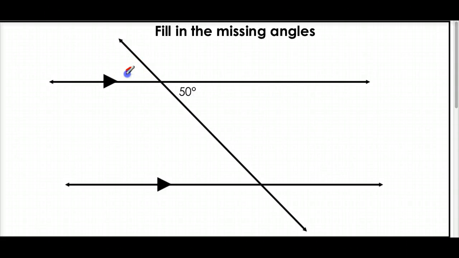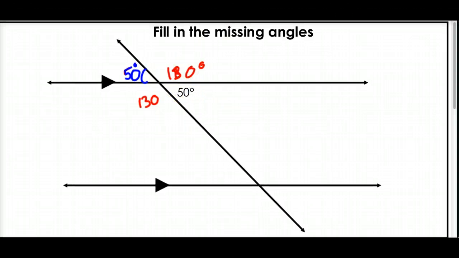So we know this is 50 because they're vertical angles. And we knew that this is 130 degrees. Now if I know this is 130, I know this is 130 degrees because these are also vertical angles. Now let's keep going with this. This 50 can be brought down over here.